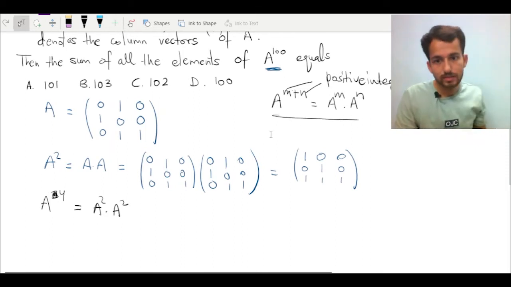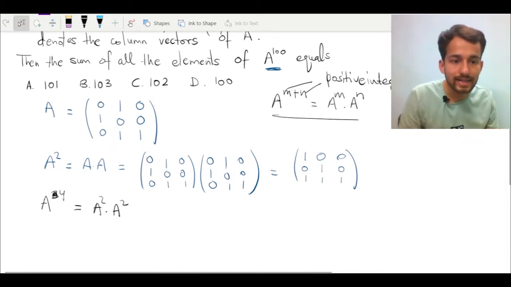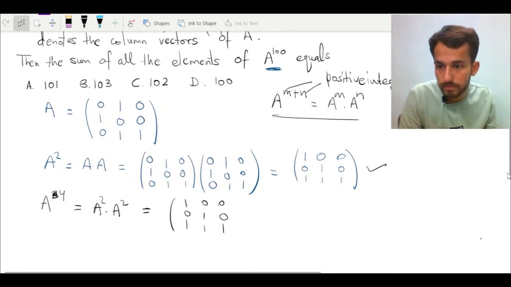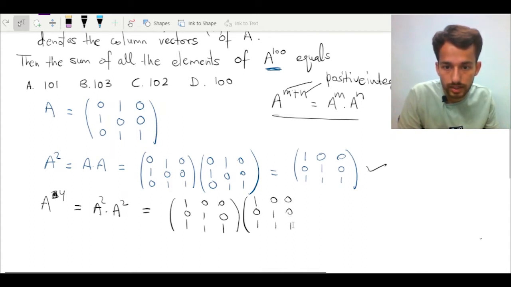Using this property, I can directly write my A4 as A square times A square. Now A square from the last step is given by this. So let me note it down quickly: 1, 0, 1, 0, 1, 1, 0, 0, 1. Again one more time: 1, 0, 1, 0, 1, 1 and 0, 0, 1.